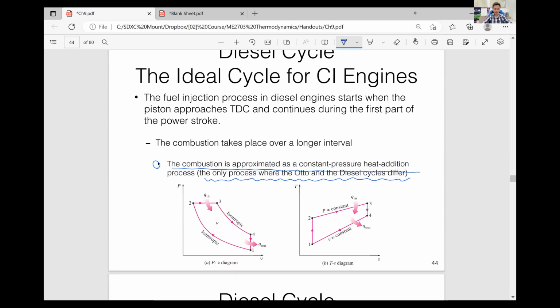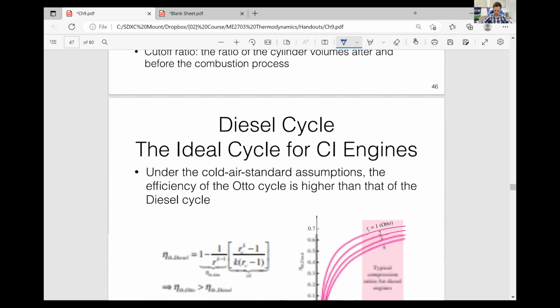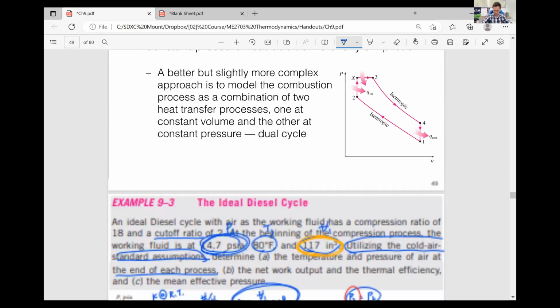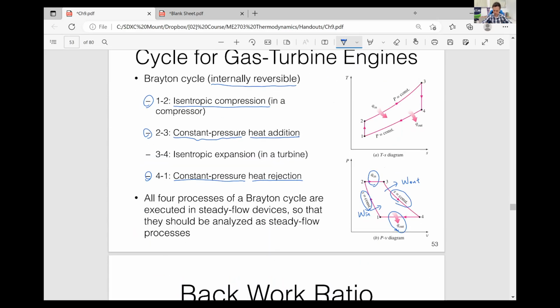So we can say that the only process where the diesel and Brayton cycles differ is the heat rejection process. Because in the diesel cycle, the heat rejection is still constant volume, but in the Brayton cycle, the heat rejection process becomes constant pressure.